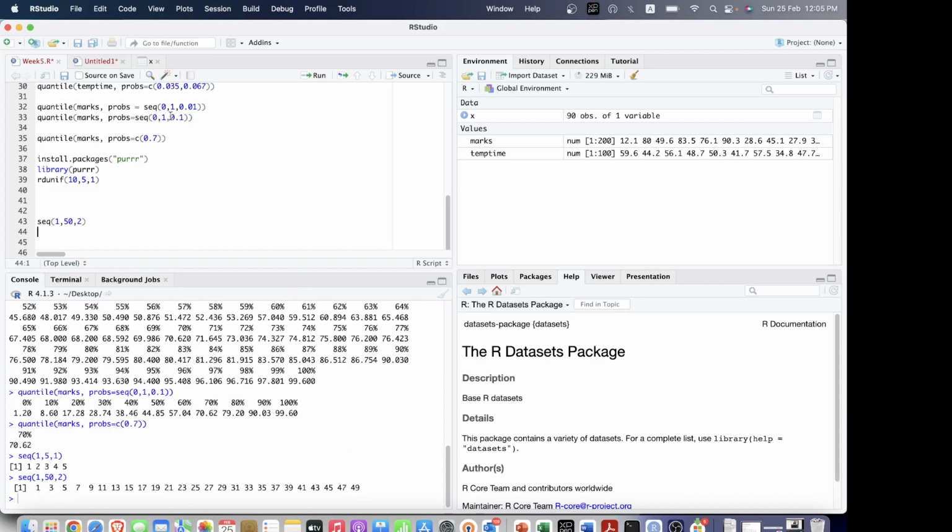Now deciles will divide it into 10 parts, like 10%, 20%, 30%. So if I give 0.1, then between 0 and 1, all you have to do is 1 by 0.1. So it will divide into 10 equal parts. 1 by 0.01 will divide into 100 equal parts. Got my point?